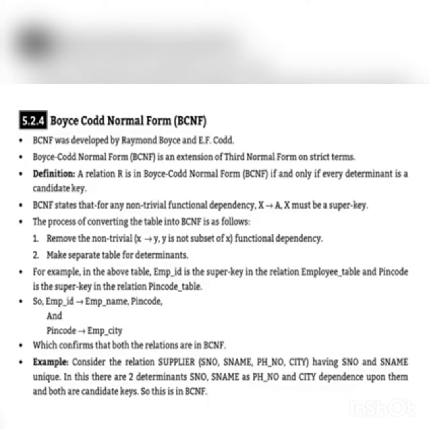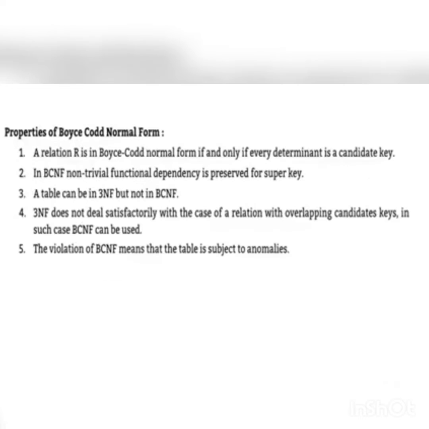Consider the relation supplier, in which the attributes are supplier number, supplier name, phone number, and city, having supplier number and supplier name unique. In this, there are two determinants, supplier number and supplier name, as phone number and city depend upon them, and both are candidate keys. So this is in BCNF.